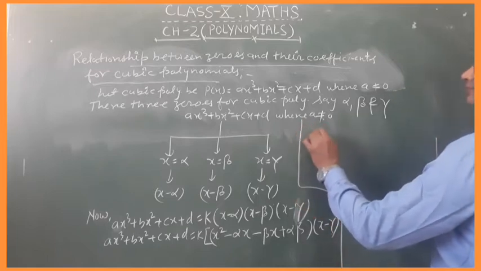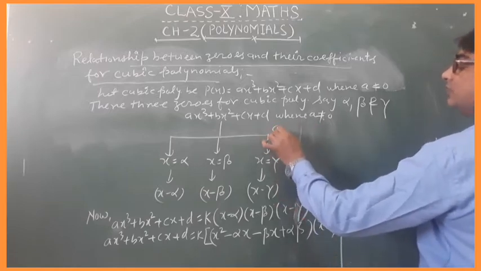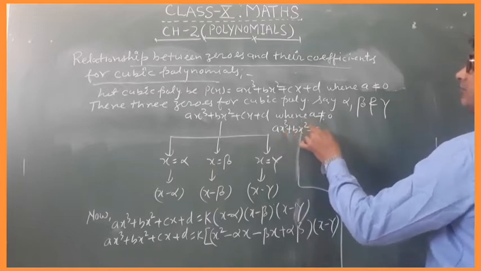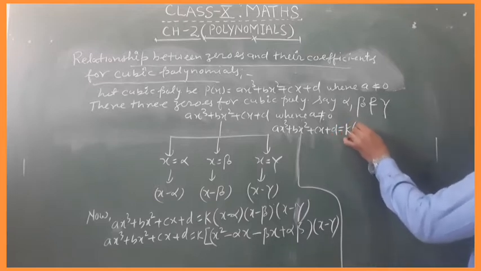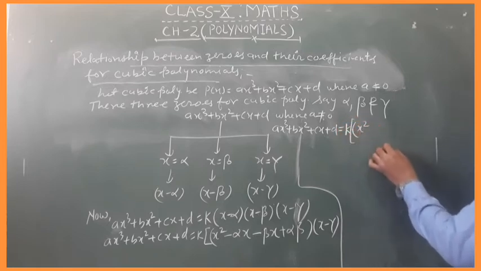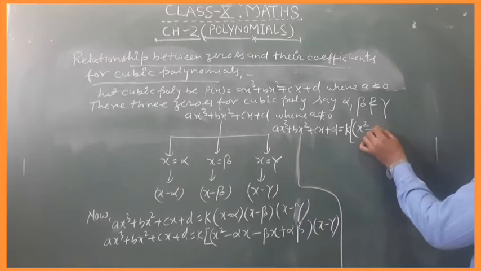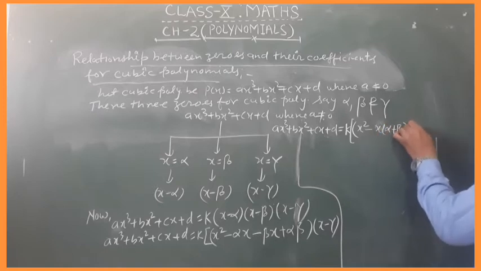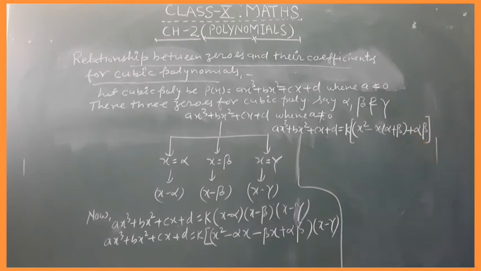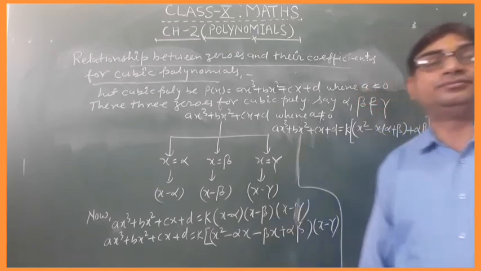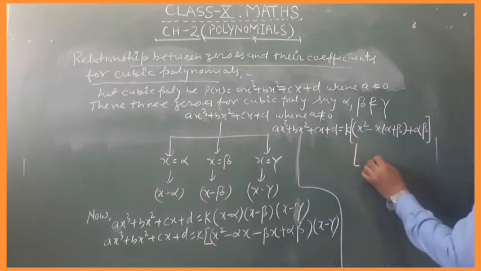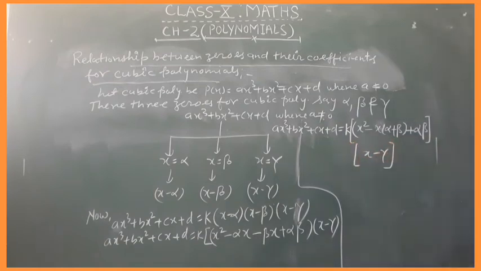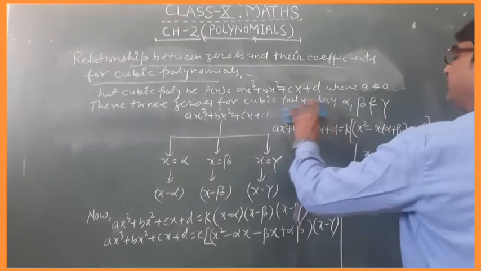Now ax cube plus bx square plus cx plus d is equal to what? k times (x square, minus alpha plus beta common with x, plus alpha beta) into (x minus gamma). If we multiply them, let's see what we get.